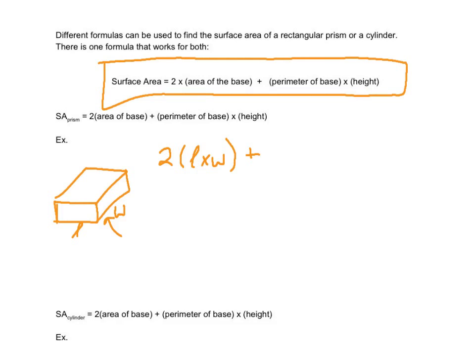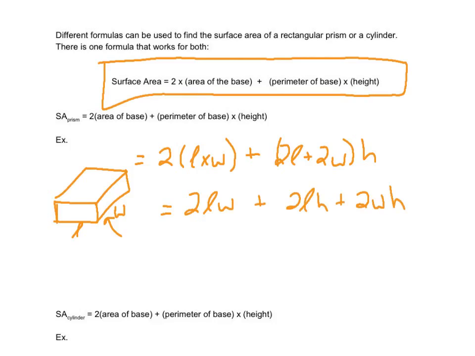And so the perimeter is 2L plus 2W times height. We could work that all out to come up with a nice fancy formula here: 2LW plus 2LH plus 2WH.